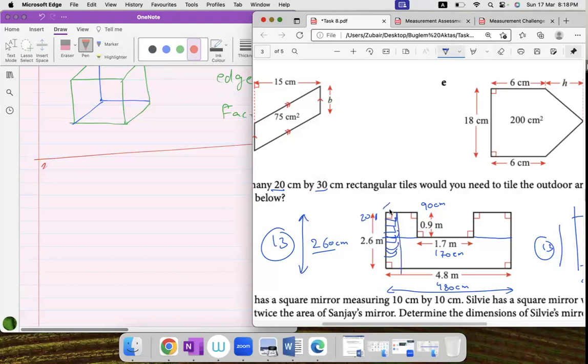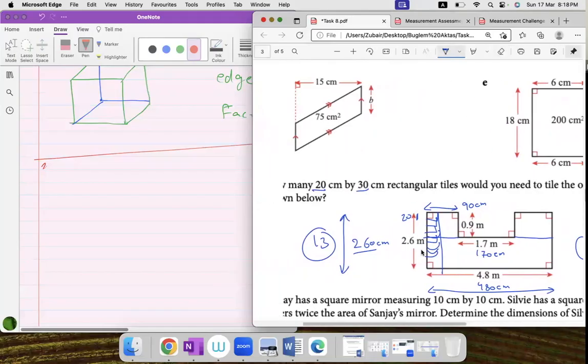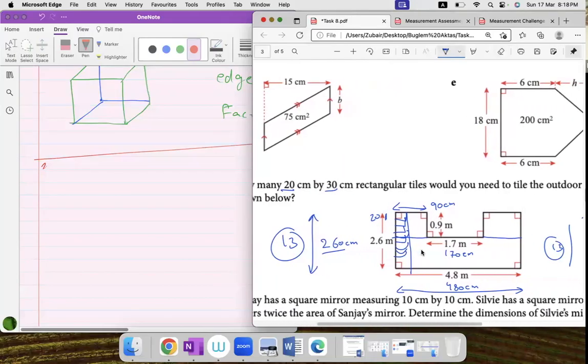But we do not know what this full length is. It is the area shown below, not drawn to scale. That is 1.7, 4.8 minus 1.7, and we are left with 3.1. So 3.1 times 100 is 310 centimeters. 310 is not divisible by 30. 310 is not divisible by 20 either.